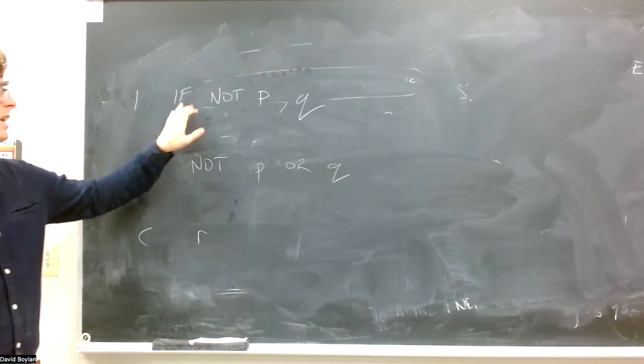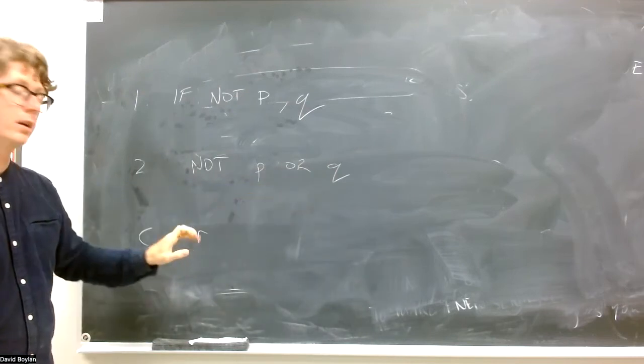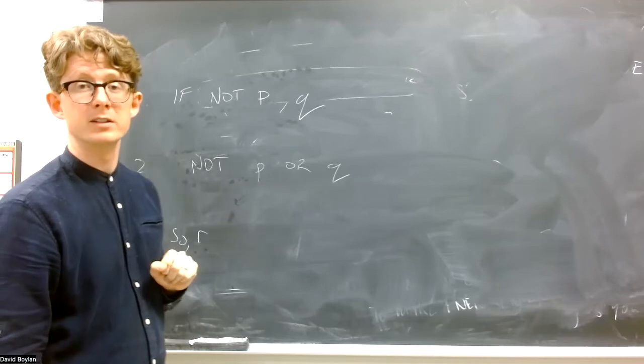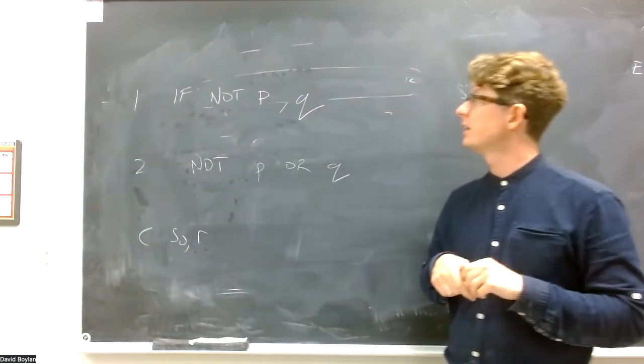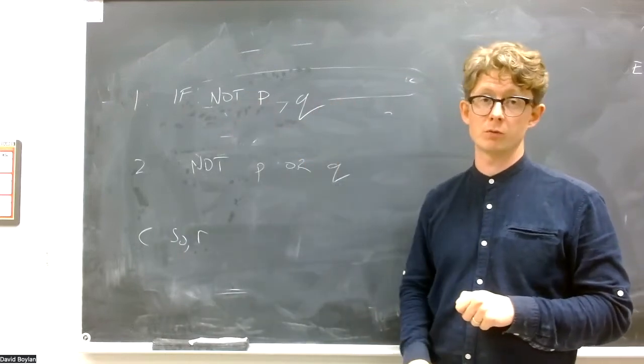Form of this argument is if not P, then Q, not Q or R, so R. That's the form of this argument. And so the point of that example was to make sure you see that not is not part of the atomic sentences. You leave the not behind when you're finding the form of the argument.